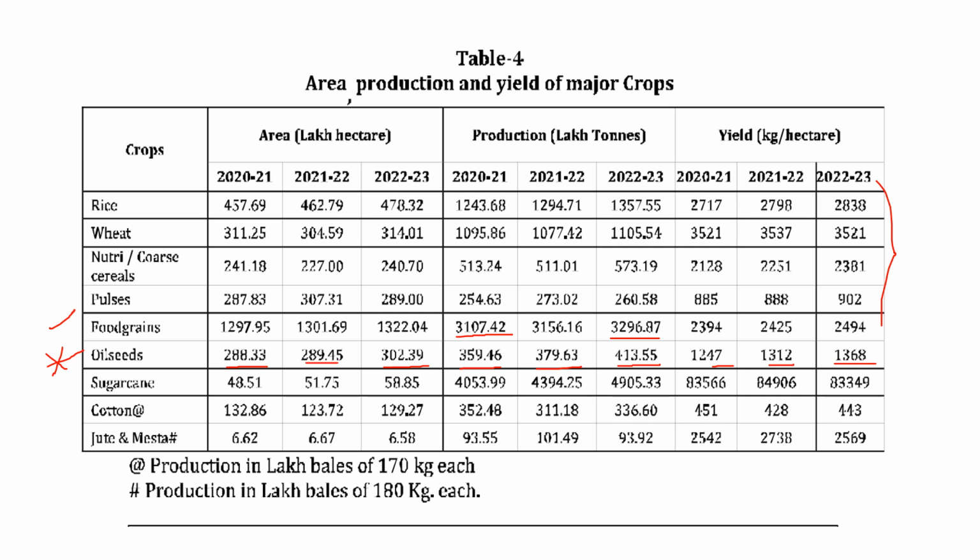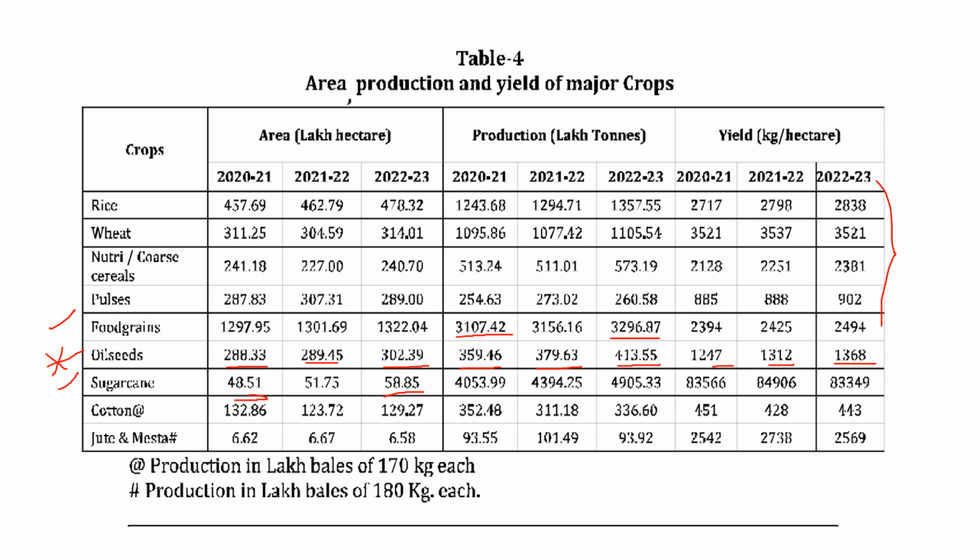Similarly, sugarcane is also important. Area was only 48.51 lakh hectare, but now 58.85 in 22-23.